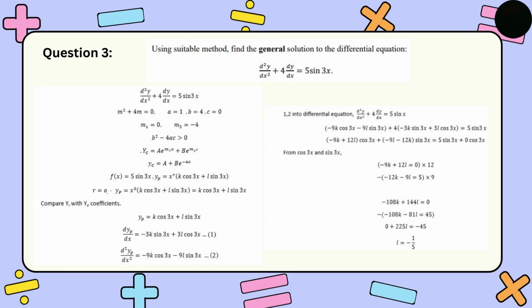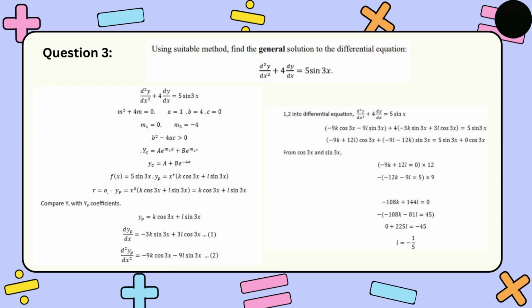And then from the cos 3x and sin 3x, we will use the simultaneous equations, which are negative 9k plus 12l equal to 0, and negative 12k minus 9l equal to 5.